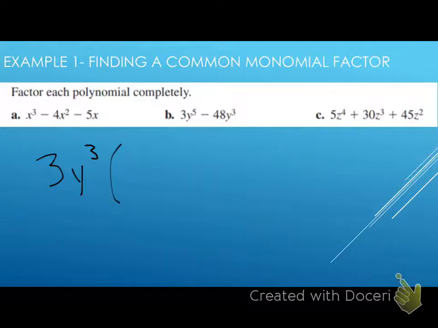3y to the third times what would give me 3y to the fifth? Y squared. 3y to the third times what would give me negative 48y cubed? Negative 16.